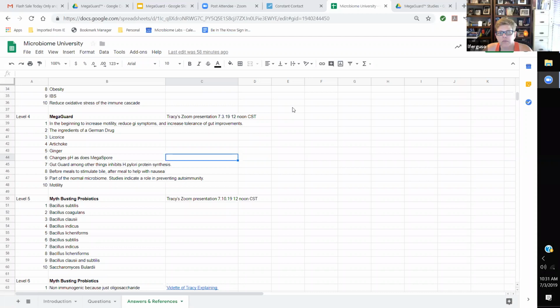Another question, is there a need to titer up on the MegaGuard, and can you take more than the recommended dose? Yes, start with 1 capsule for a few days and then go up to the 2, just because that's always good protocol. If someone has any type of reaction, it's easier to go down when you're on a half dose than on the full dose.